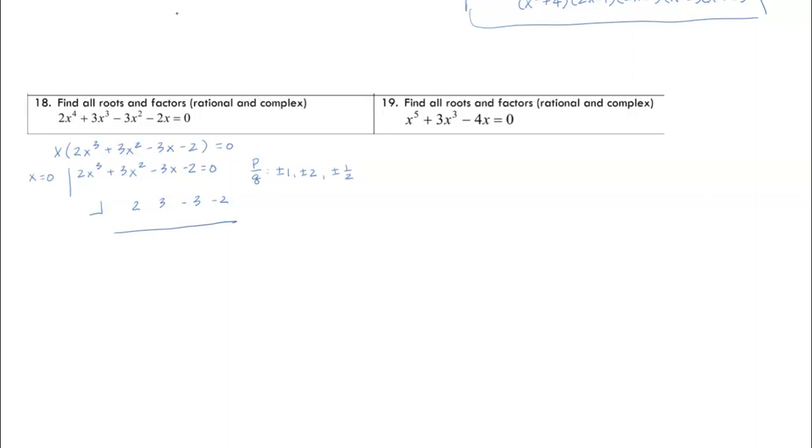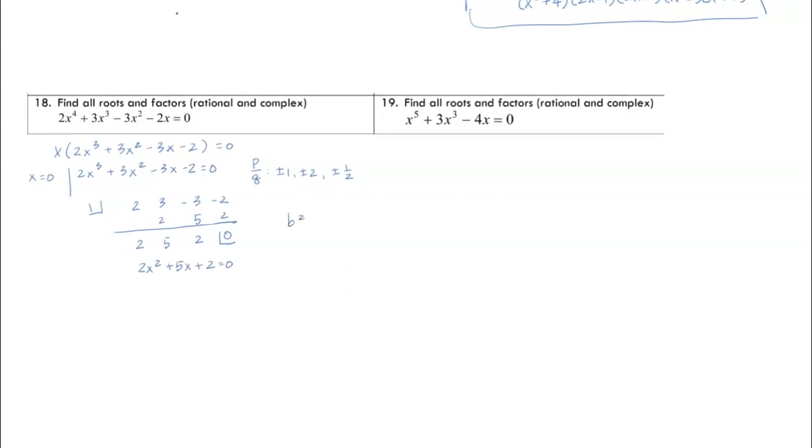I'm going to try 1. Okay, and then that becomes 2, 5, 2, and 0. So that becomes a quadratic, and now we could either use the quadratic formula or we can factor.